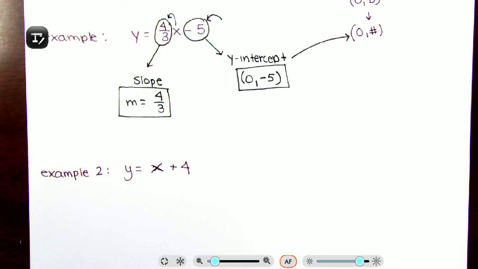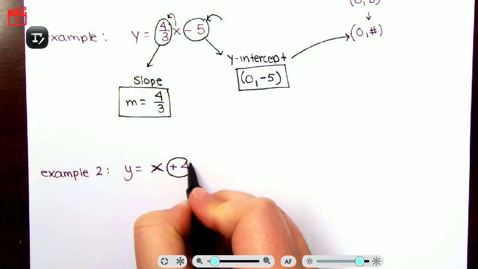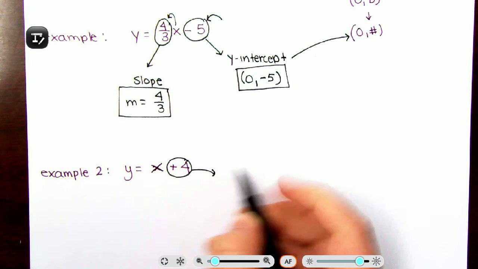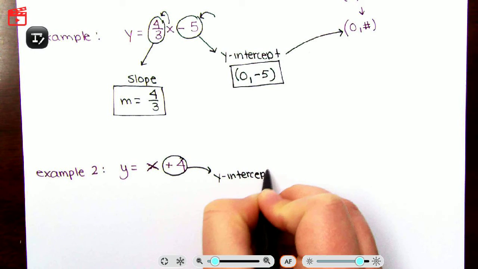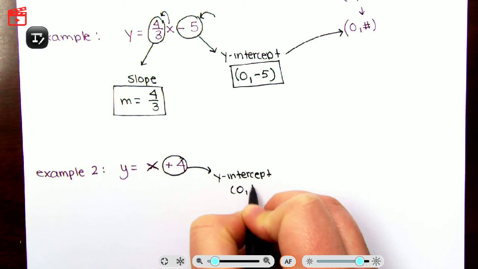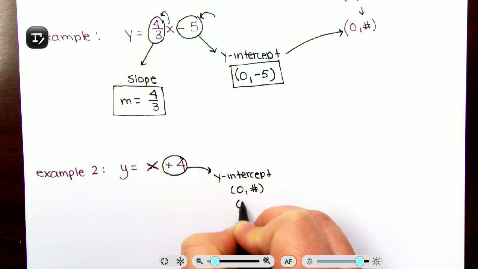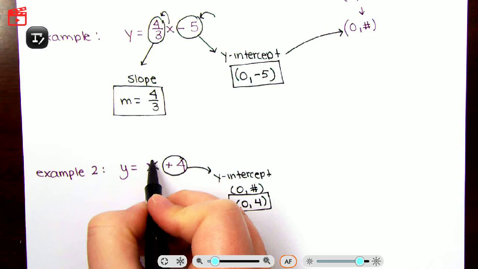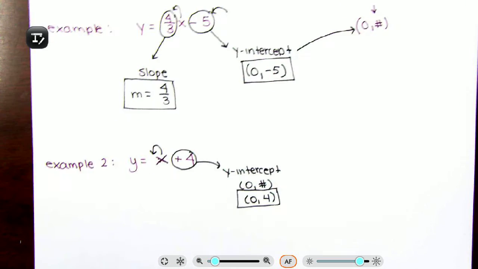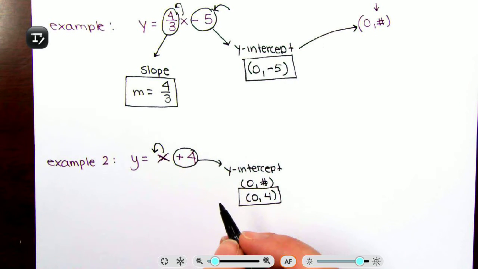So again, anything that comes after x in this format is your y-intercept. So 0, comma, number, which is 0, comma, 4. That's your y-intercept.